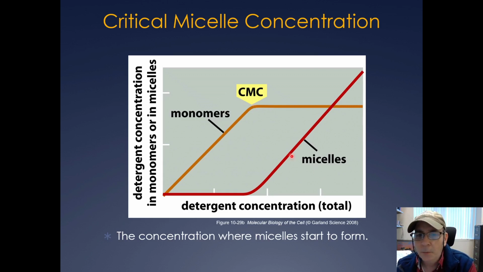Anywhere below the CMC, the detergents exist as monomers, but when you get to the critical micelle concentration, you start to create these micelles, and that's what the CMC is. Okay, so I bet you're asking, what is a micelle?